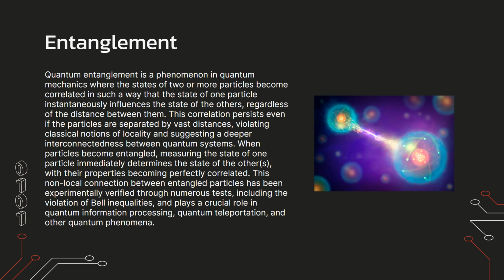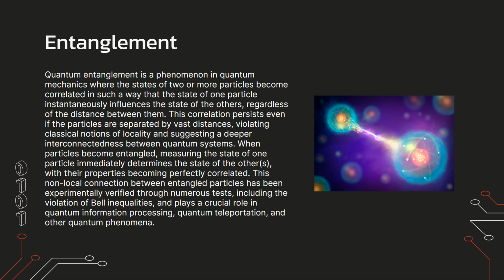Entanglement is a phenomenon in quantum mechanics where the states of two or more particles become correlated in a way that the state of one particle instantaneously influences the state of the others, regardless of the distance between them. This correlation persists even if the particles are separated by vast distances, violating classical notions of locality and suggesting a deeper interconnectedness between quantum systems.